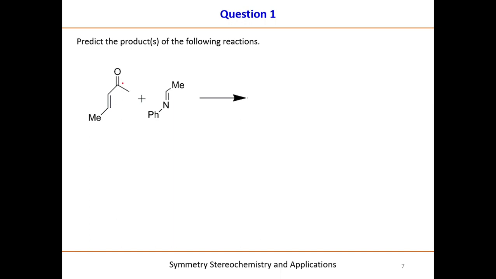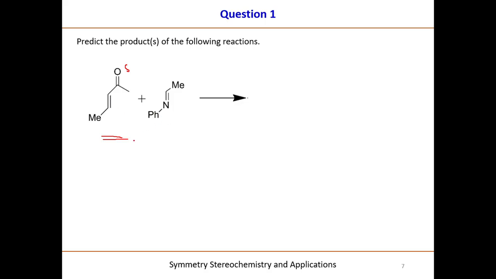So again you have to write the same way. Now you can see here, this is not a 2+2 cycloaddition reaction because here we have 2 pi bonds. 2 pi bonds means it's a diene. It can react as a diene, and here we have 1 pi bond.